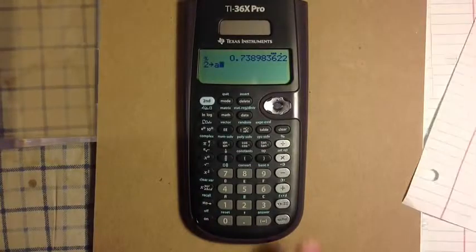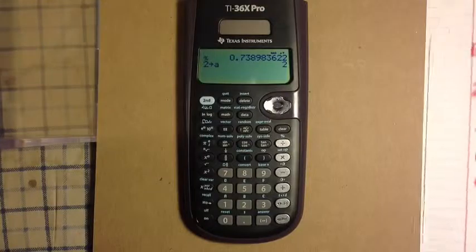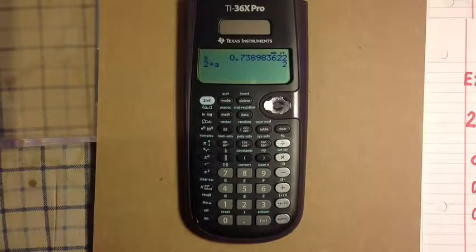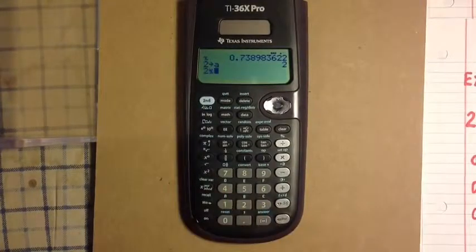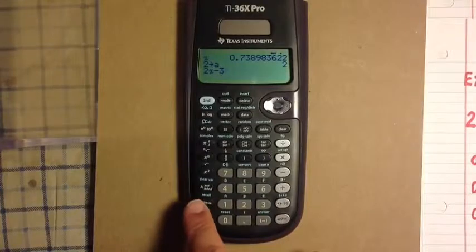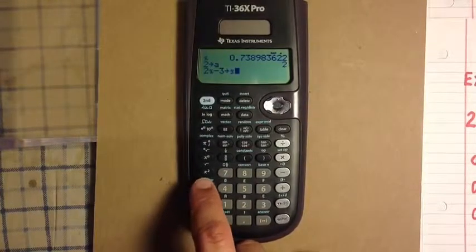That brings up a. I hit enter, and a is stored into the calculator. We're going to do the same thing for the other 3. Here's b. In this case will be 2x minus 3, store, variable key 6 times. 1, 2, 3, 4, 5, 6.